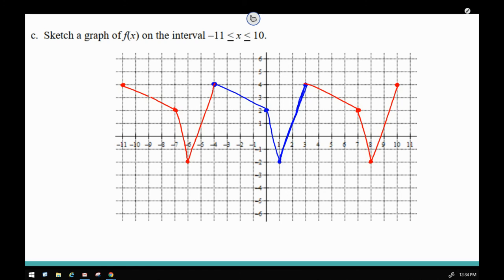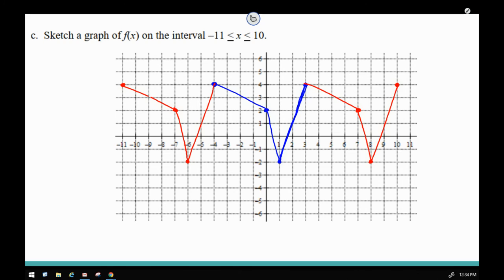What do I know is going to happen forever and ever in both directions? It's going to repeat, right? How often does it repeat? Every 7 x values, right? So if I'm talking about f of 15, what's 7 back from 15?